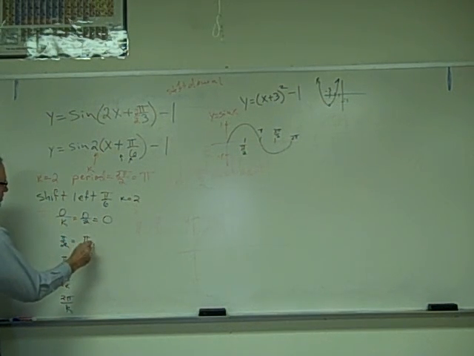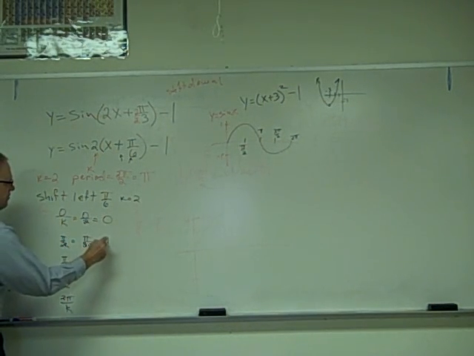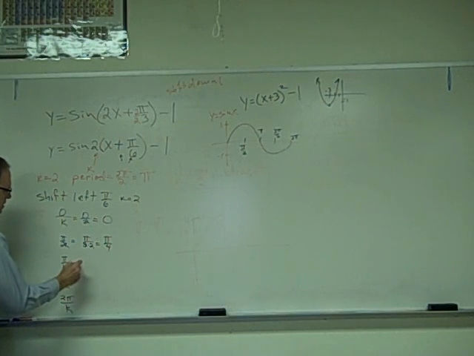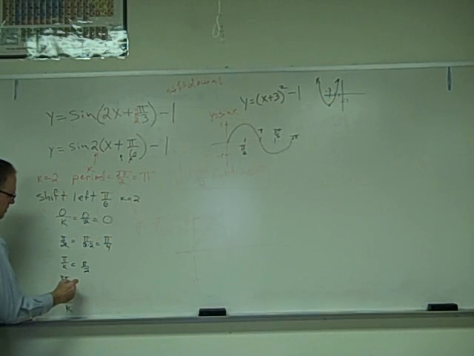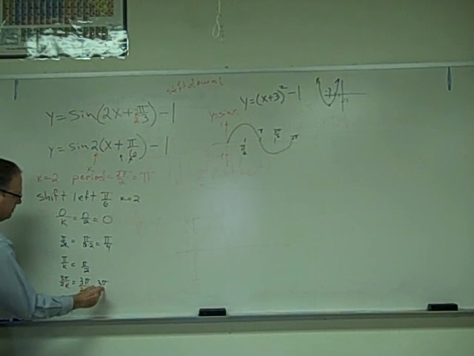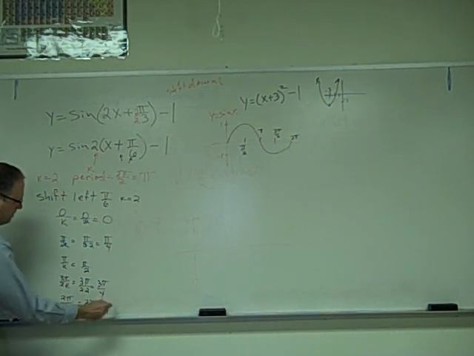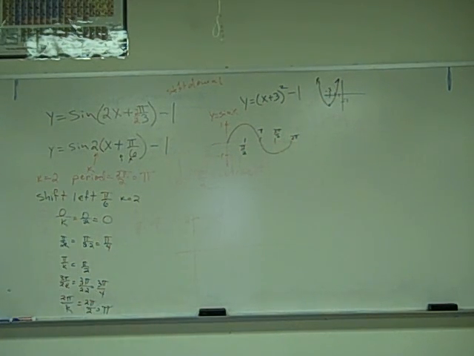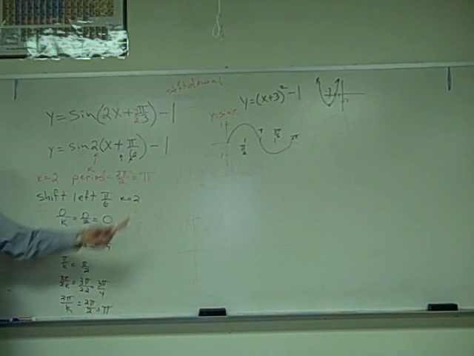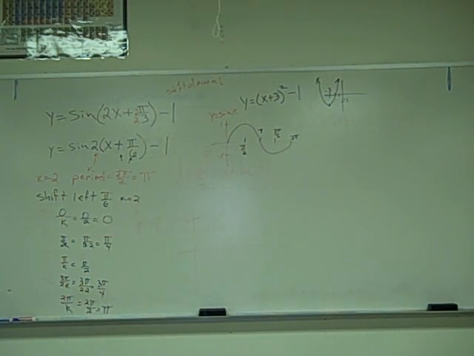We got pi over 2 times 2, that'd be pi over 4. And then here this will be pi over 2. And then 3 pi over 2 times 2, so that'd be 3 pi over 4. And then 2 pi over 2, so that'll be pi. Okay, and that matches our period that we said that we would have.